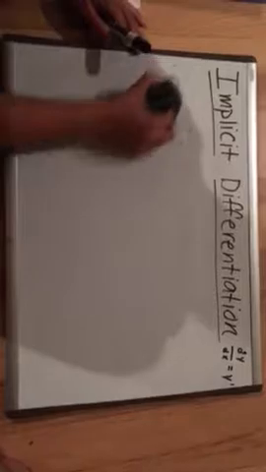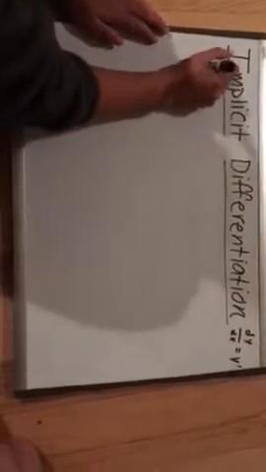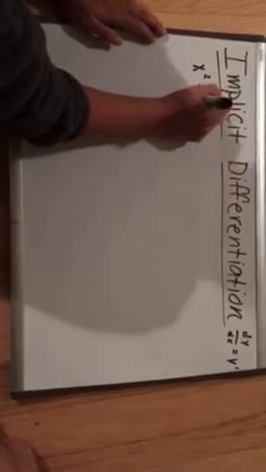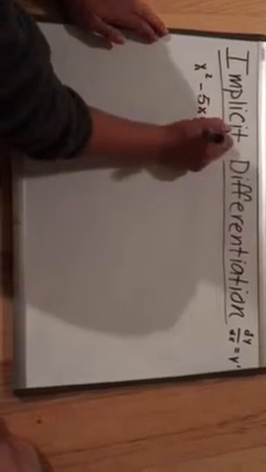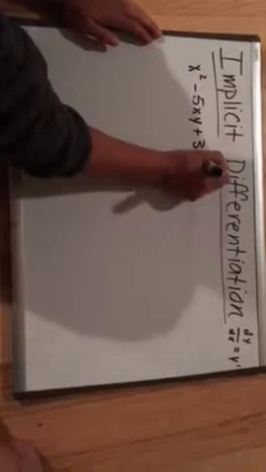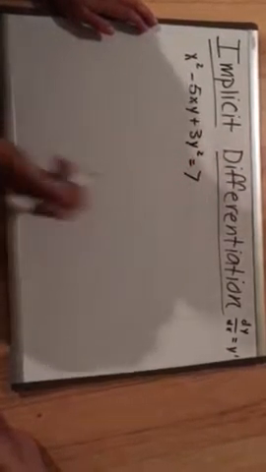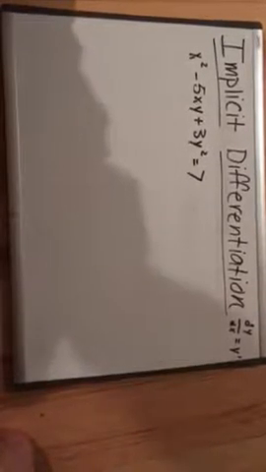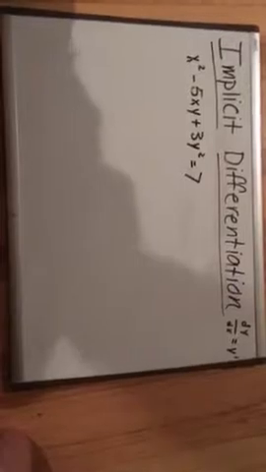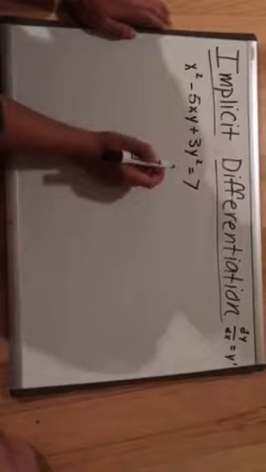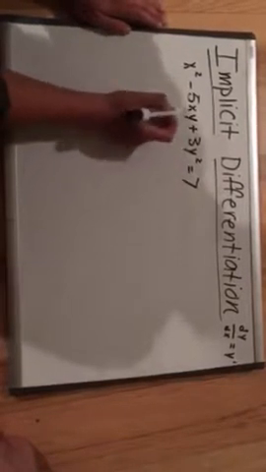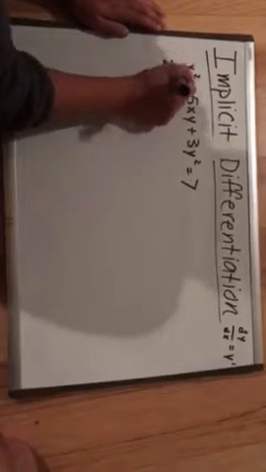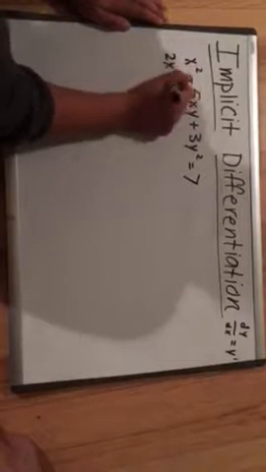Now, another equation is x squared minus 5xy plus 3y squared equals 7. Again, in this equation, you cannot isolate y by itself, so to find the derivative, you have to use implicit differentiation. So I'll just find the derivative of every single term in this equation, left and right side. So you have 2x minus 5.